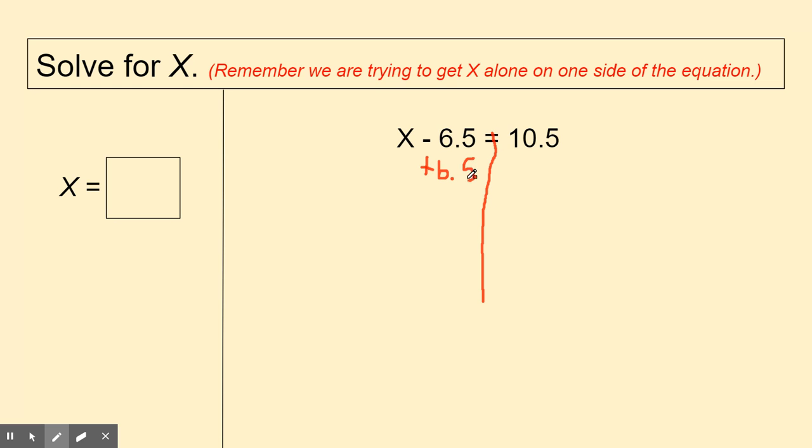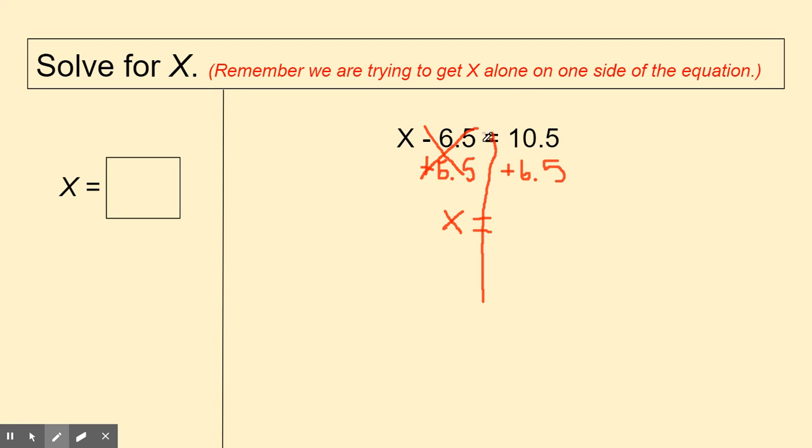So we are going to add 6.5 to both sides of our equation. And now that we have it on both sides, these cancel each other out. And that leaves us with just x on the left side.